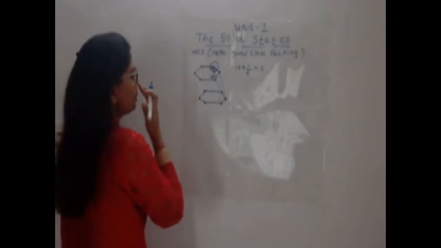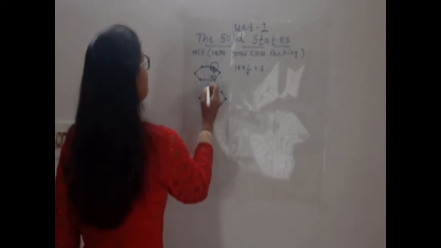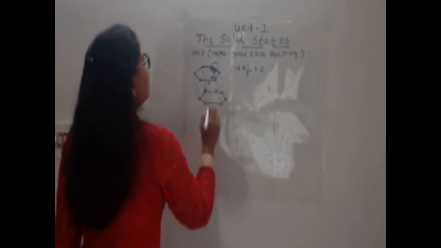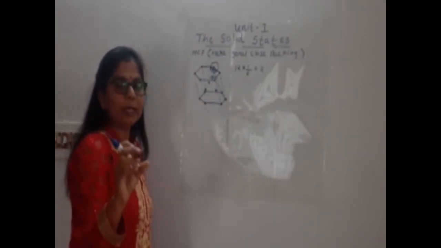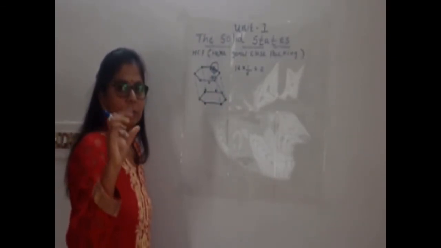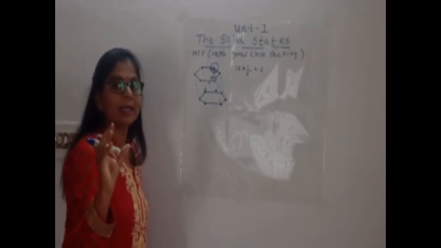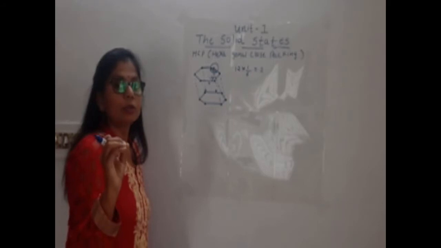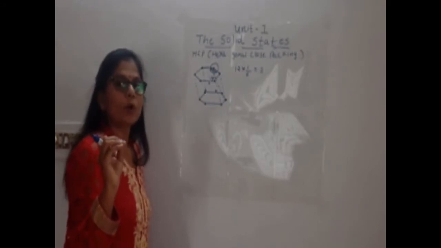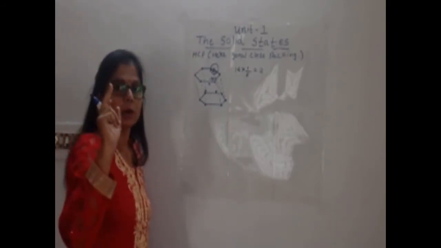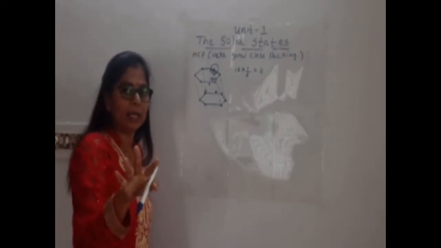Now after this, we talk about the 3 unit cells that are separately sandwiched between the 2 layers. 3 unit cells are sandwiched between the 2 layers, like the body center we have studied, in which the 8 are on the corners and 1 is exactly on the center.